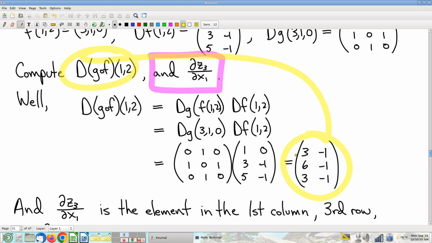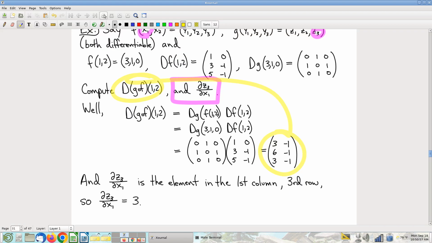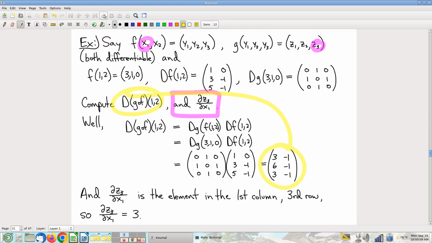Let me zoom out. X1, being the first input variable, means that we're looking in the first column.